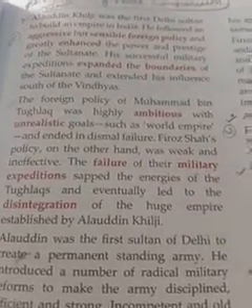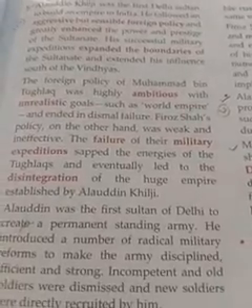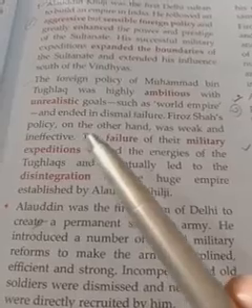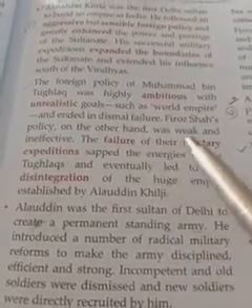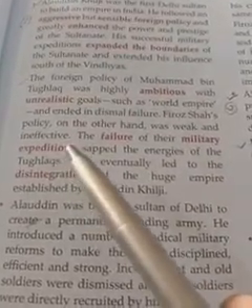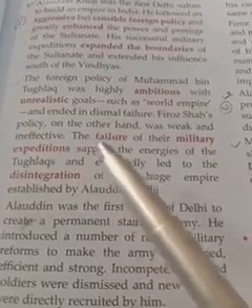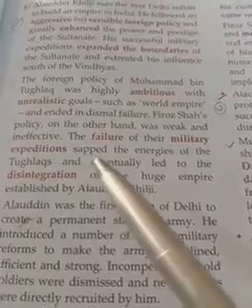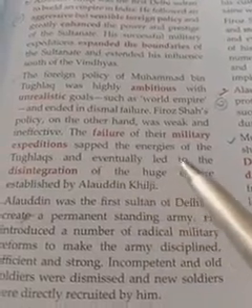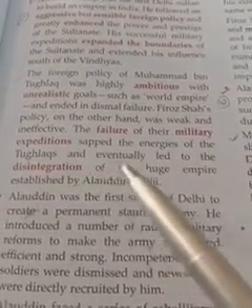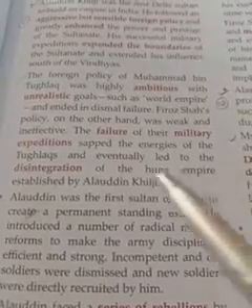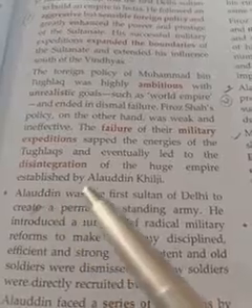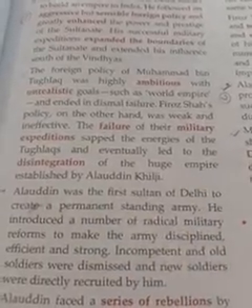He had planned all the projects brilliantly, but he had failed. Firoz Shah's policy, on the other hand, was weak and ineffective. The failure of their military expeditions sapped the energies of the Tughlaqs and eventually led to the disintegration of the huge empire established by Alauddin Khilji.